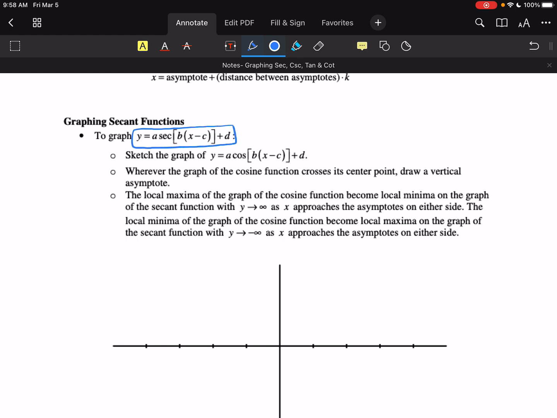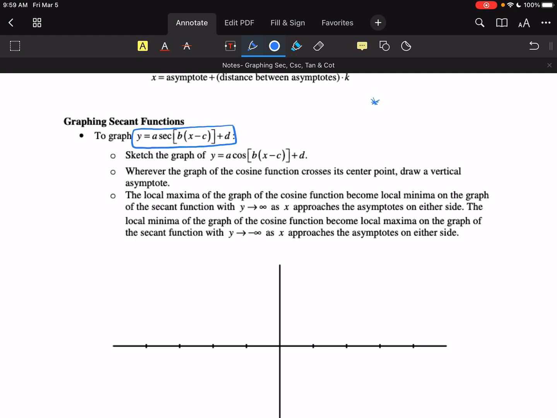Now, before we talk about all this stuff, it's important to note A behaves very similarly to what we've looked at with sine and cosine. With sine and cosine, that was our amplitude, the distance from the midline to my max or my min.